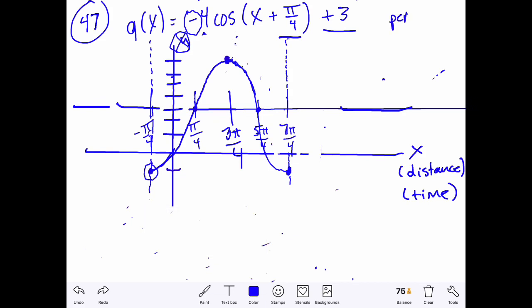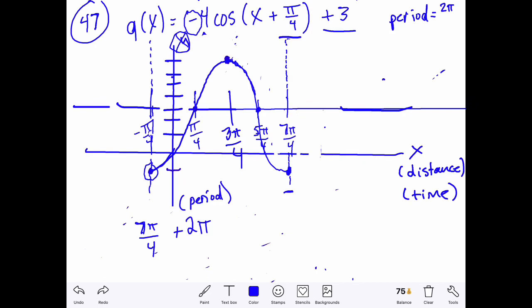Period: 2 pi over b. b is just 1, so 2 pi. So if I end here at 7 pi fourths, I'm going to take 7 pi fourths and add 2 pi to it, again my period, to construct a second period of this.